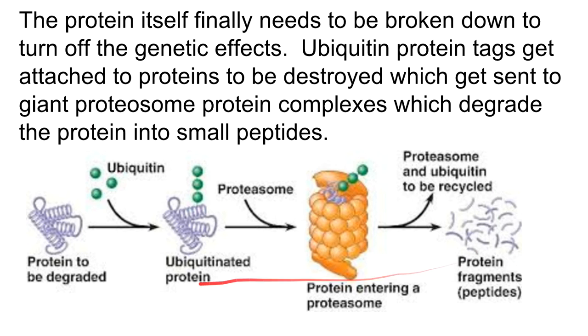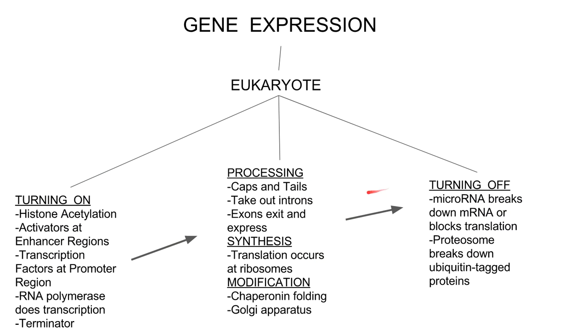And now these peptides can't do what the original protein was doing because they're no longer the same shape. So we've now turned everything off and stopped the expression. So we turn it on. We process the messenger RNA before it leaves. After it leaves, we make the protein.